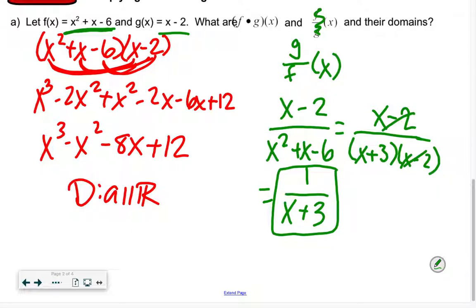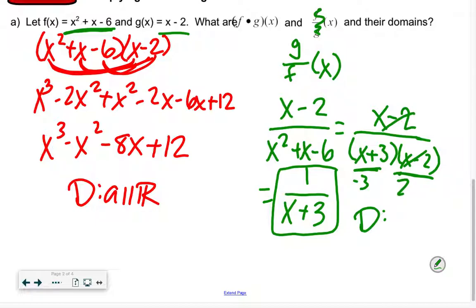Domain, the big one. Division is really kind of the only time it counts. What can't my x equal down here? I don't want to get 0. If I did, what would I get for x? Negative 3 here, and what here? A positive 2.